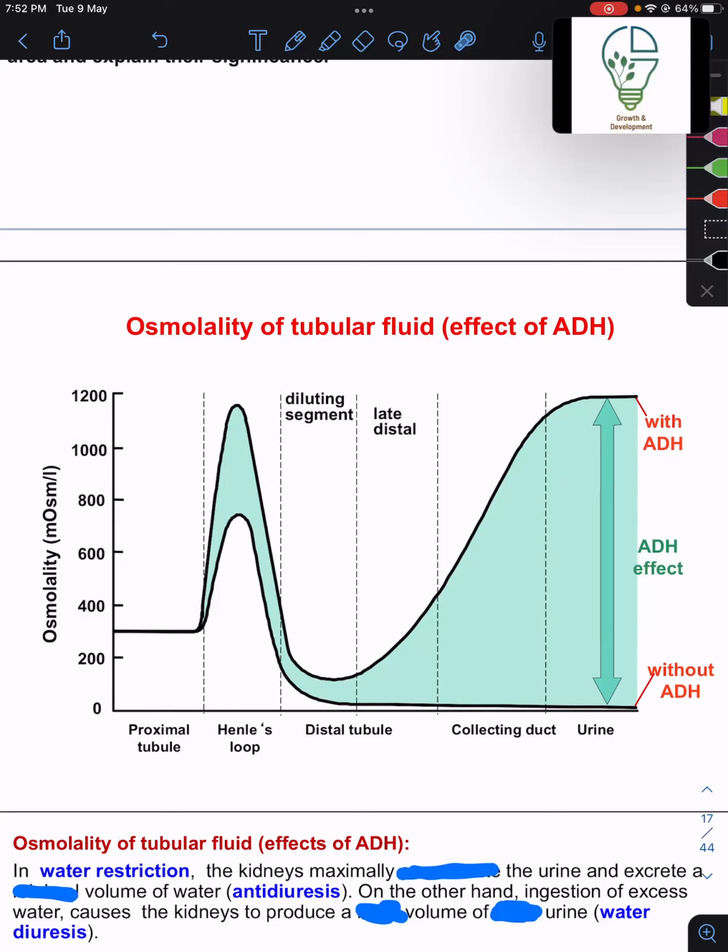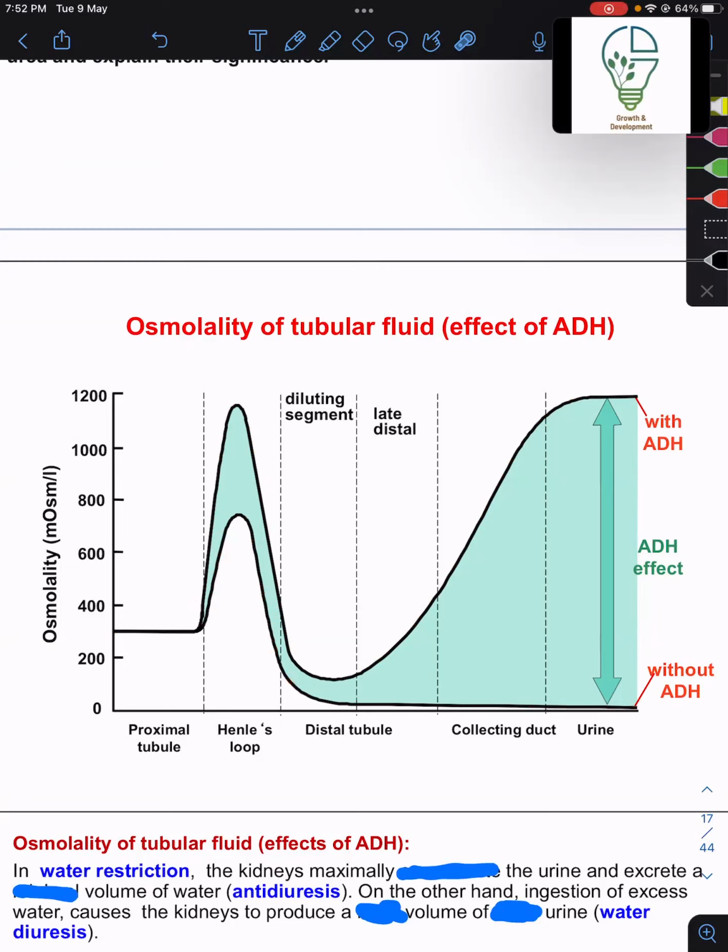And so what you can notice is that this top line that I'm highlighting is the concentration of urine when we do have ADH. And this bottom line is the concentration of urine when we don't have ADH, right?